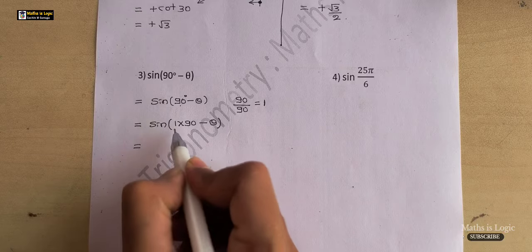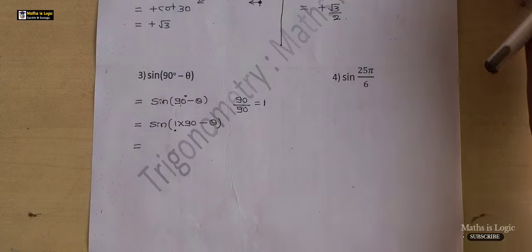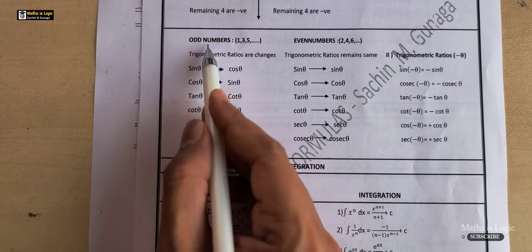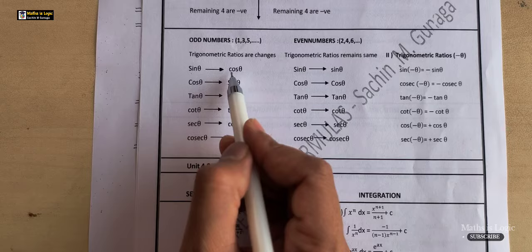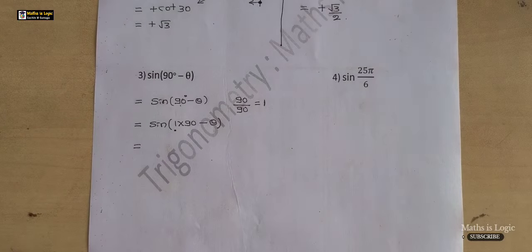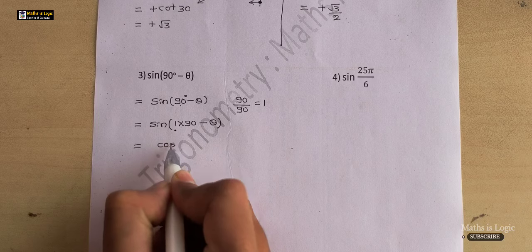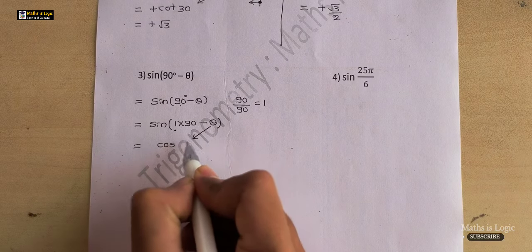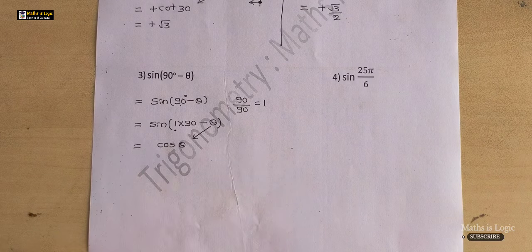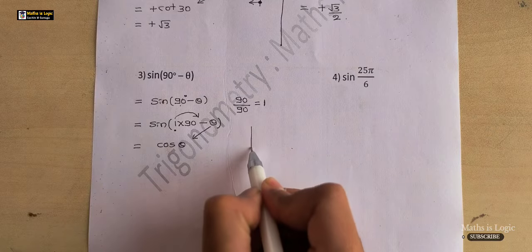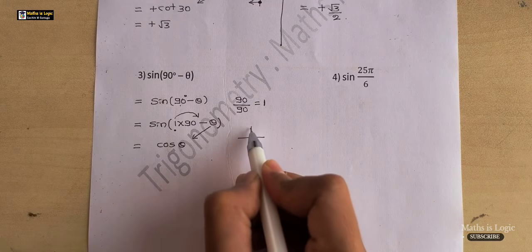Now, 1 is which type of number? Odd number. We know if it is an odd number, sine changes to cos. At the end theta is given, keep that theta as it is. Next, rotate 1 minus, so 0, 1.